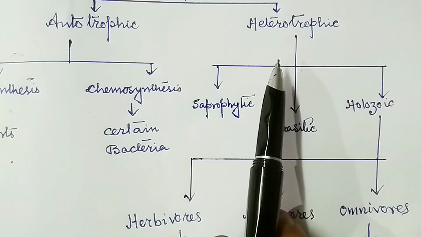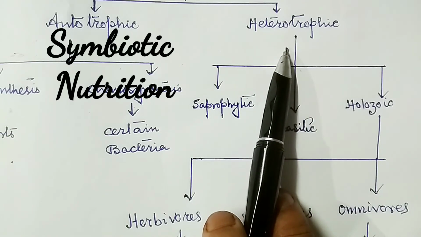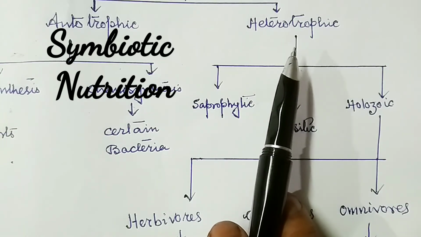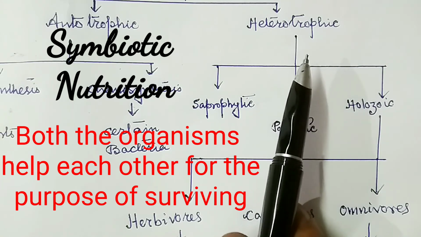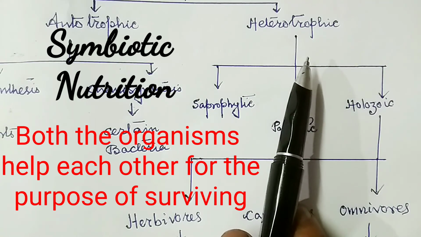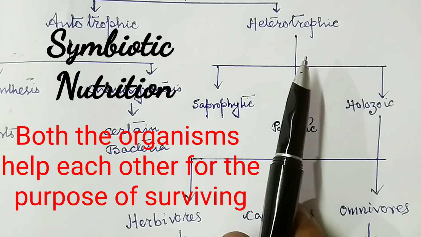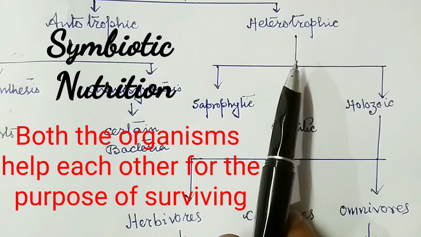Sometimes we consider another type of heterotrophic nutrition, which is called symbiotic nutrition. Symbiotic nutrition is the type of nutrition in which two organisms live in close association with each other, and both organisms are in mutual understanding so that they help each other for the purpose of surviving.